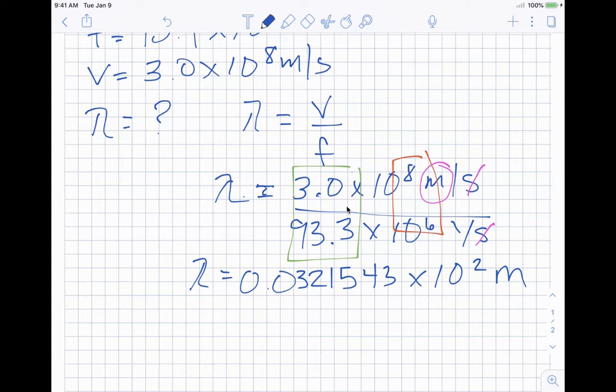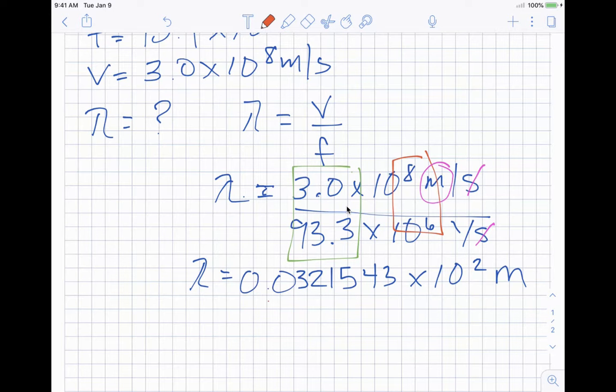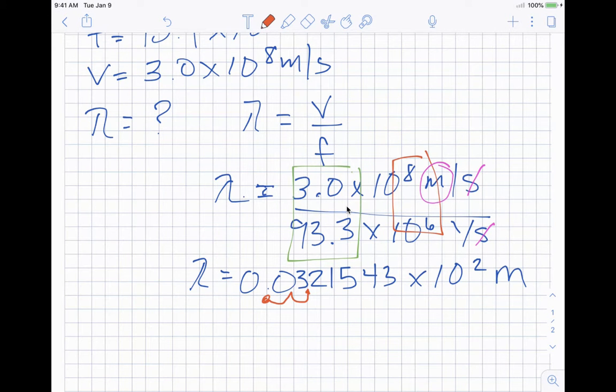So as it stands right now, I have an answer, but it's not in correct scientific notation. So I need to switch it to the correct scientific notation. So my decimal place is right here, and I'm going to be moving it 2 times so that it sits right after the first non-zero number, so that I only have one value in my whole number space.